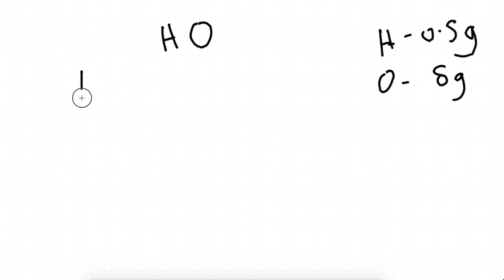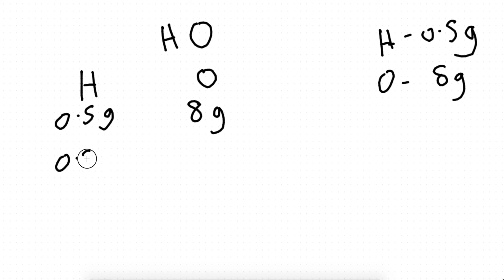So H and O. Okay, H is 0.5 grams, oxygen is 8 grams. Can I get the number of moles of hydrogen? Yes, 0.5 divided by the molar mass of hydrogen, which is 1. So I get 0.5 mole. Can I get the number of moles of oxygen?